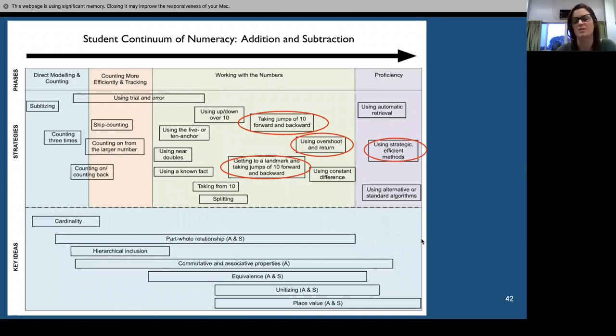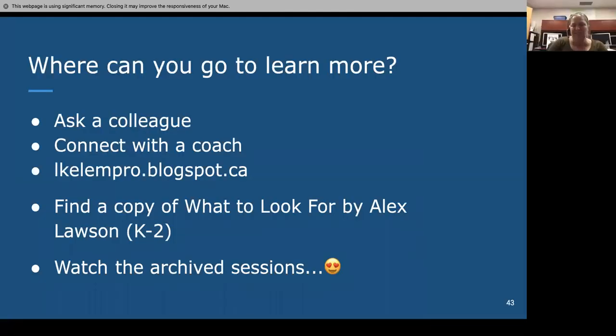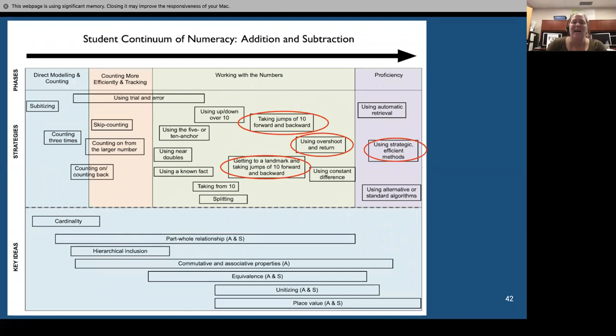Awesome. All right. I'm just going to back up one more step, because I forgot that these 3 pieces here, they end up building towards what we call using strategic and efficient methods, meaning that students, when they're in this layer of proficiency, will have the ability to utilize any one of these 3, and they will use whichever one, forward or backwards, or using overshoot and return, and they'll be able to pick it based on the numbers that are presented in the problem.